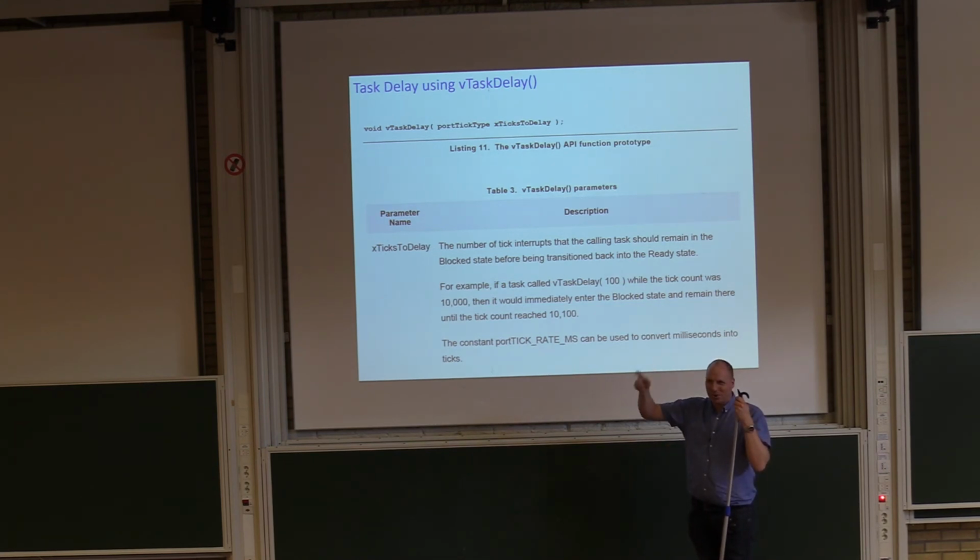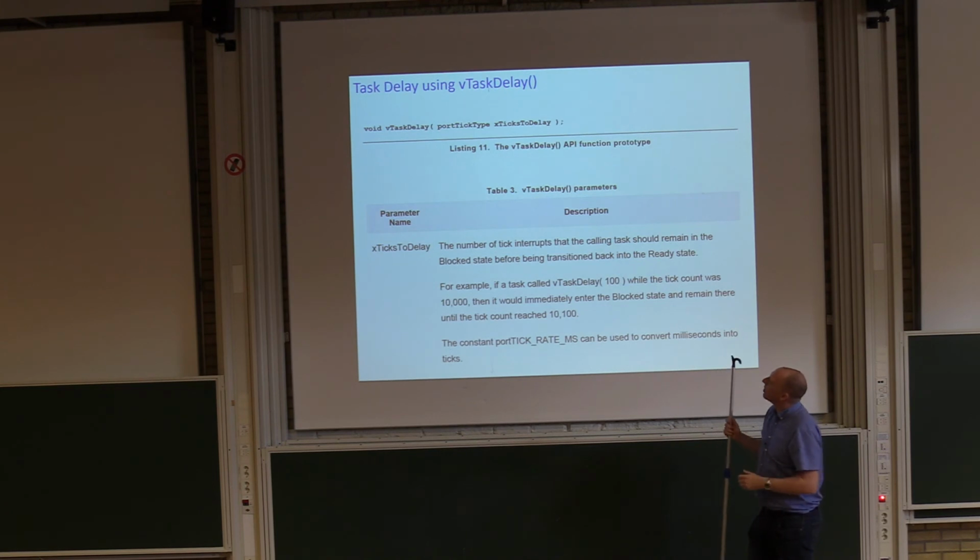You go into some for loop, and by doing that, you could try to time how many times we need to increase the counter for the process to wait X milliseconds. But that's not how you would like to do it.